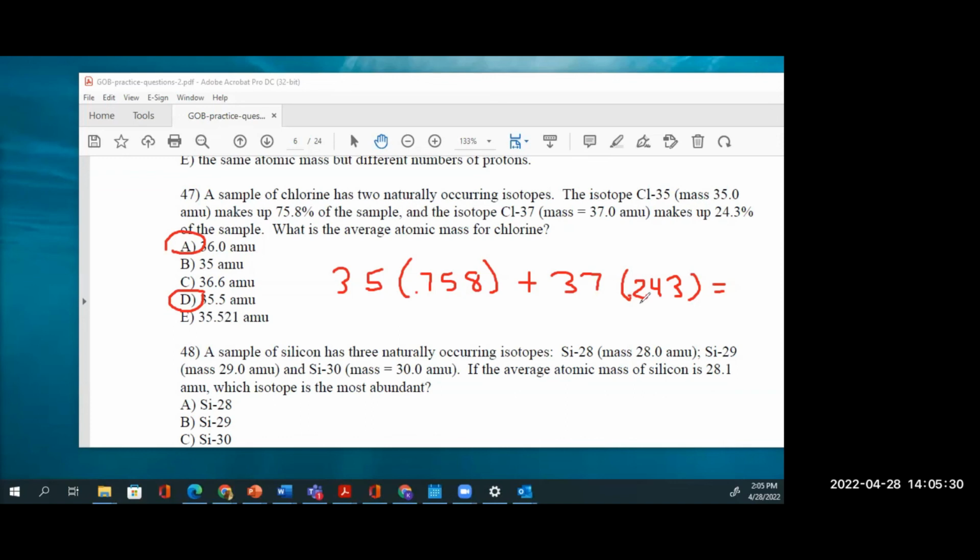Okay, what did you guys get? Three sig figs.